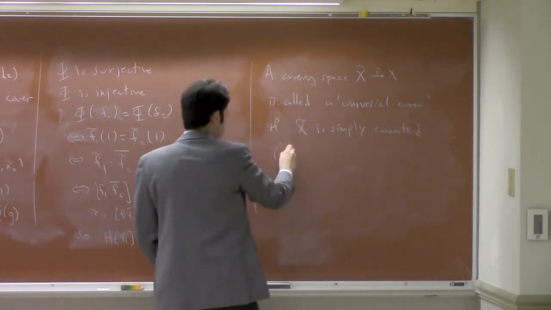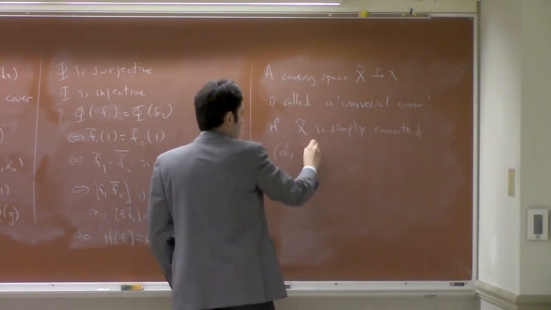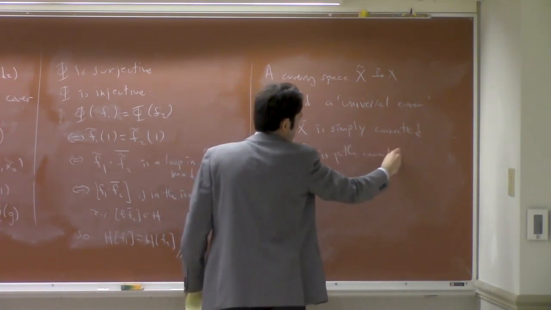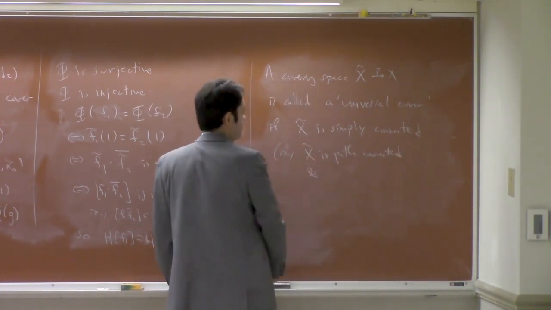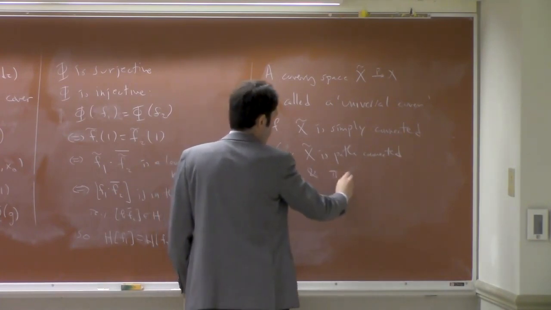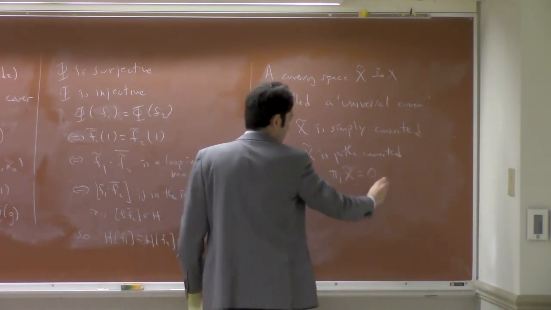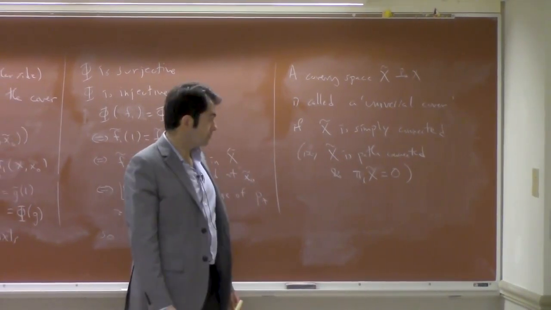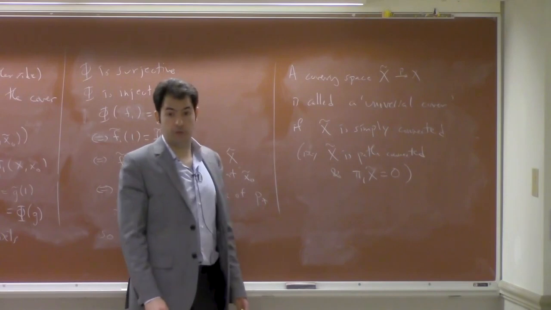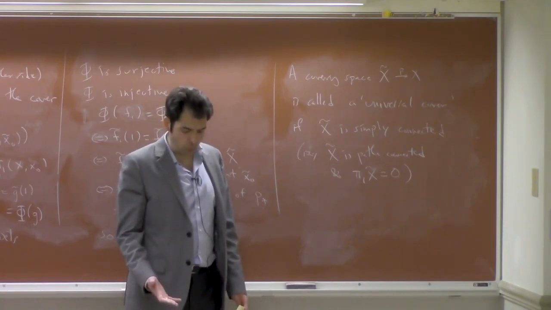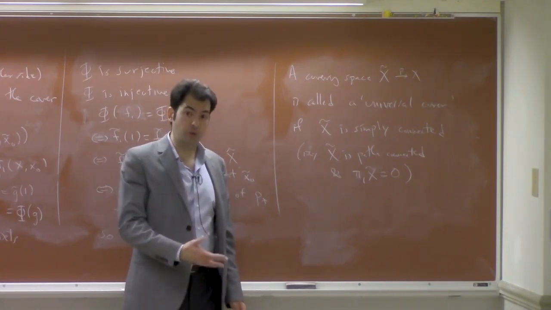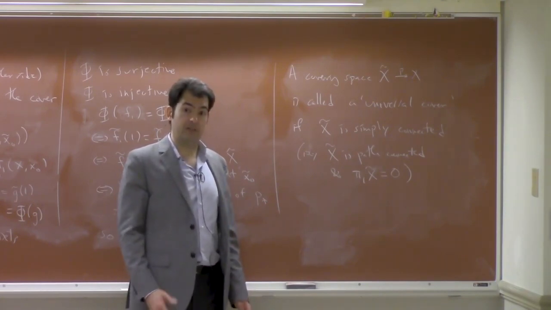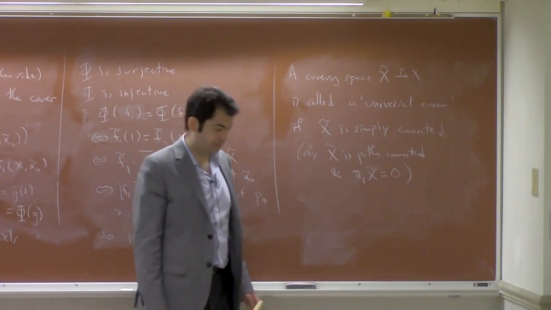Right, remember that means that x tilde is path connected and that the fundamental group of x tilde is trivial. Okay, so that's called the universal cover. And so later we will justify the name universal cover and talk about in what sense it is unique when it exists.